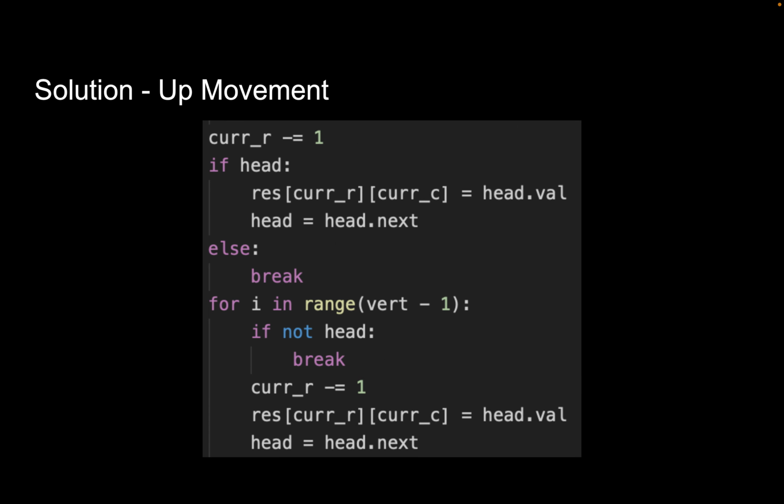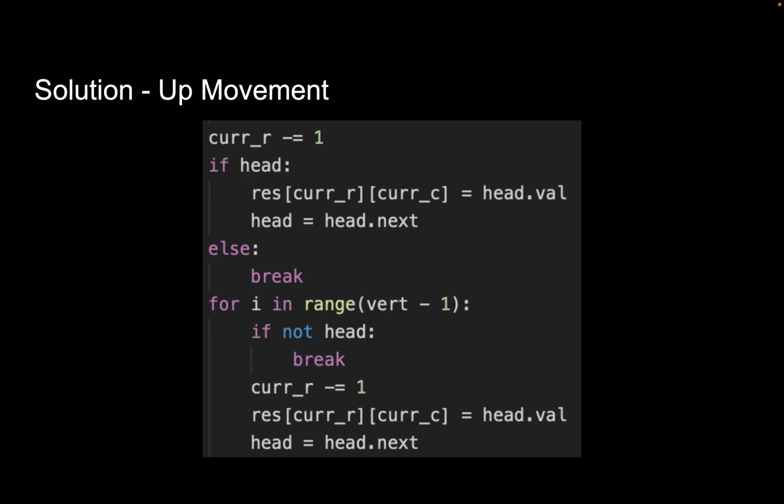This is the up movement. Notice for the up movement, we need to decrement the current row that we are in by 1, as the up movement should not override whatever we have done from the left movement, right?